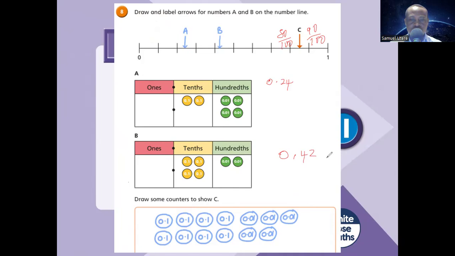So it means 85 hundredths will be 8 tenths and 5 hundredths. So 8 tenths here, 5 hundredths.